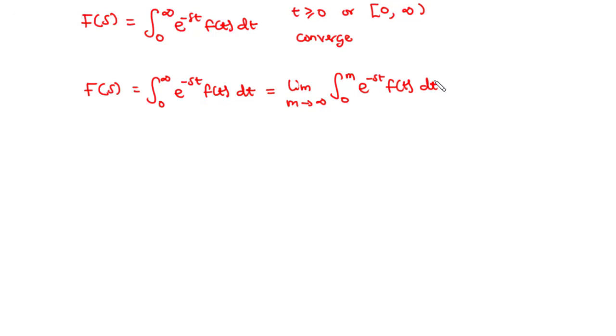Now the reason why we want to take the limit as m approaches infinity is that in actual sense you cannot evaluate infinity. What we can only do is to take the limit approaching infinity. That is why we take the limit as m approaches infinity.